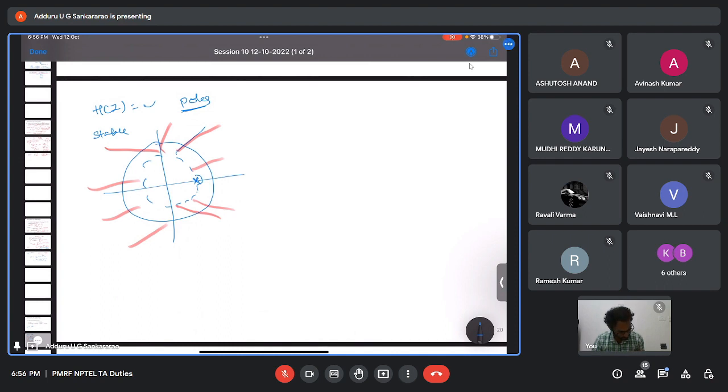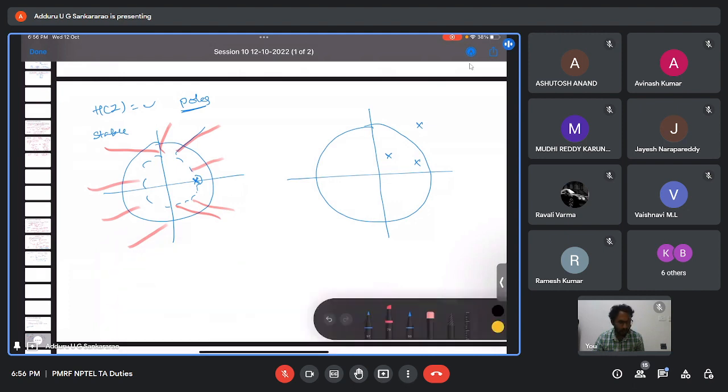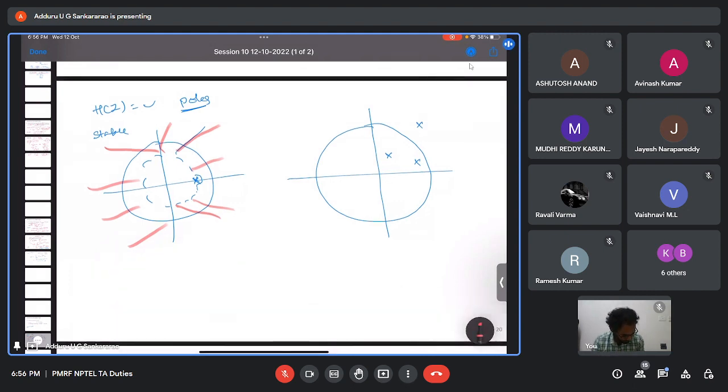Let's say this is the unit circle. In the transfer function there may be many poles. The system is causal only when the ROC is outside of the outermost pole.